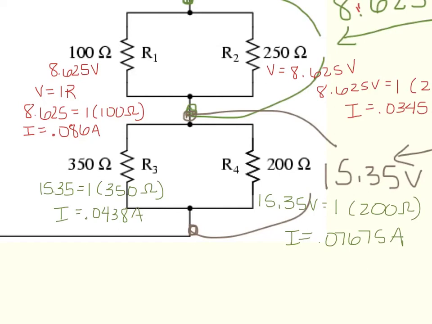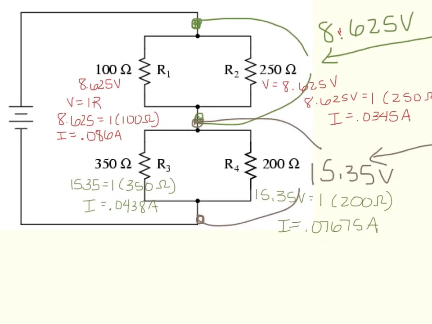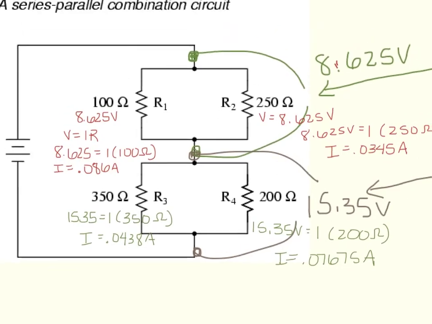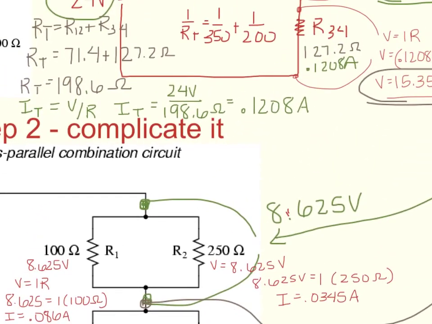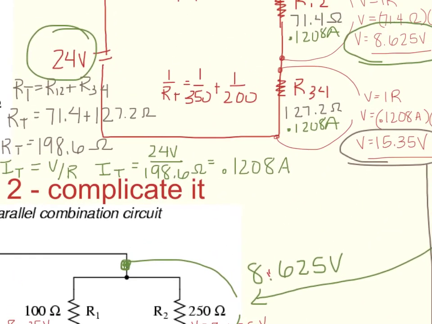Now, I can double check my currents. The way I would double check my currents is by making sure that the two branches would add up to what my total current through those lines could have been. If we refer back up here, we remember that our total current should have been 0.1208 amps. And we see that total current right here, the 0.1208 amps.